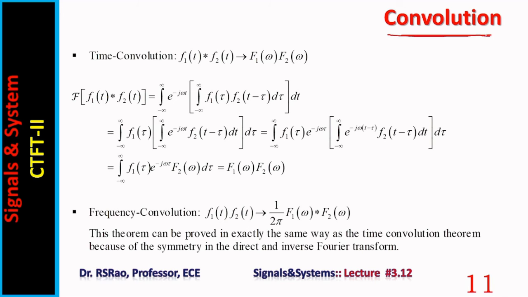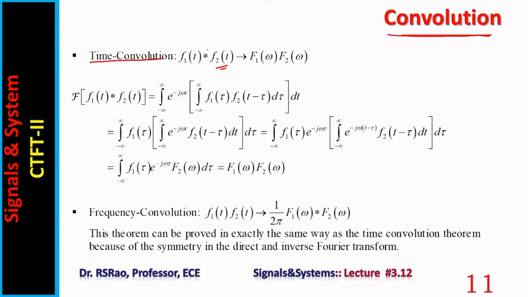Convolution. First we consider time convolution and then we consider frequency convolution. Time convolution means convolution between two time domain signals. Frequency convolution means convolution between two frequency domain signals. Now time convolution. The Fourier transform of the convolution between two signals f1(t), f2(t) is F1(ω) multiplied by F2(ω).